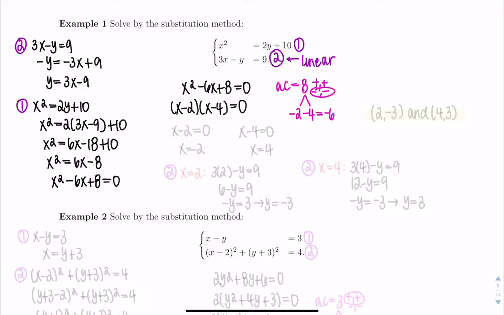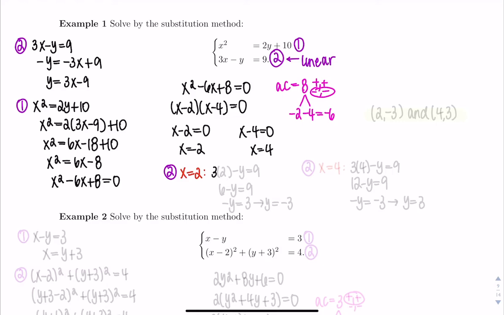Now we want to set each piece equal to 0. X minus 2 equals 0 and x minus 4 equals 0. So we get that x equals 2 and x equals 4. Now we want to back substitute for two different x values. Plugging back into equation number 2, this is when x equals 2.